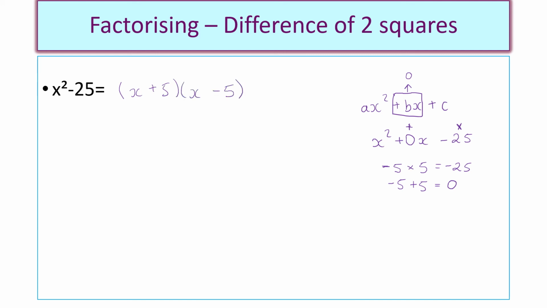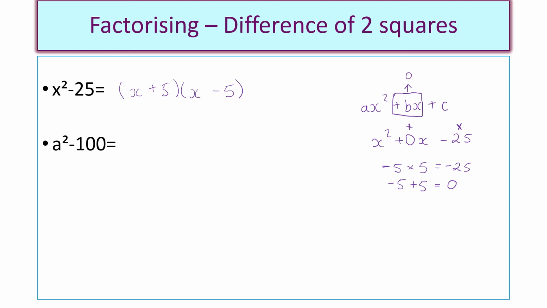Now there is a shortcut. We can do it in a slightly different way. You could ask yourself, what is the square root of 25? The square root of 25 is 5, and you put your answer in brackets where one bracket is positive and the other bracket is negative, because remember, to get -25 when you multiply, you need one positive, one negative number.